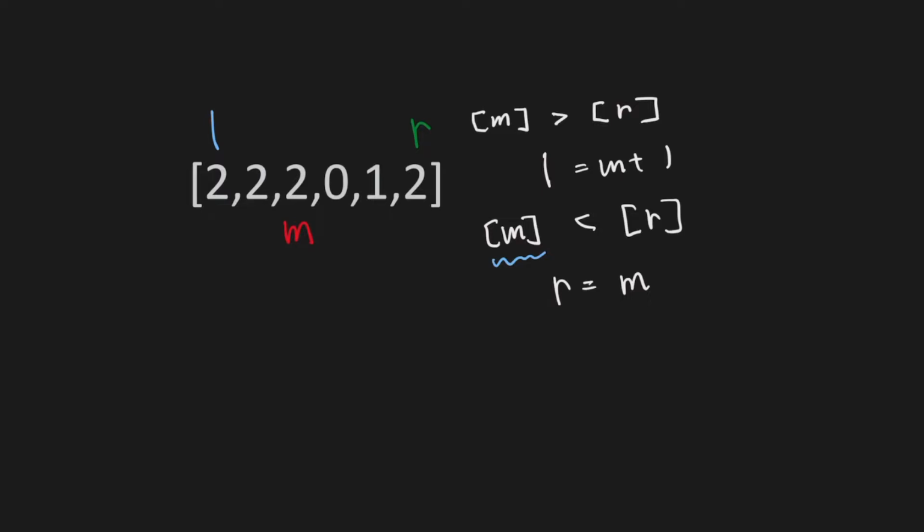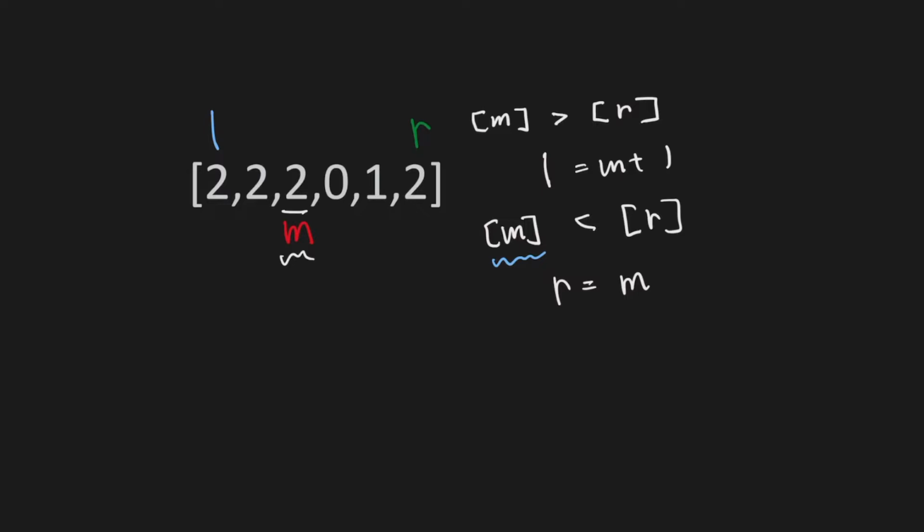Let's check another example. We might have duplicates in the array, so we might have the same number for m and r, which we do in this example. So in that case, we can lose either m or r since they're the same number, and 2 can be the smallest number, but we only need 1.